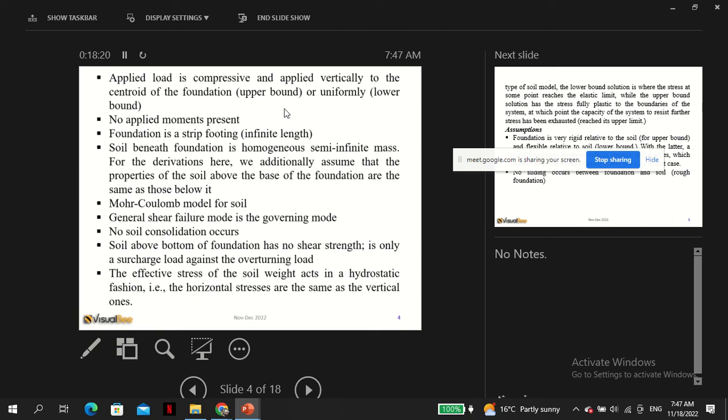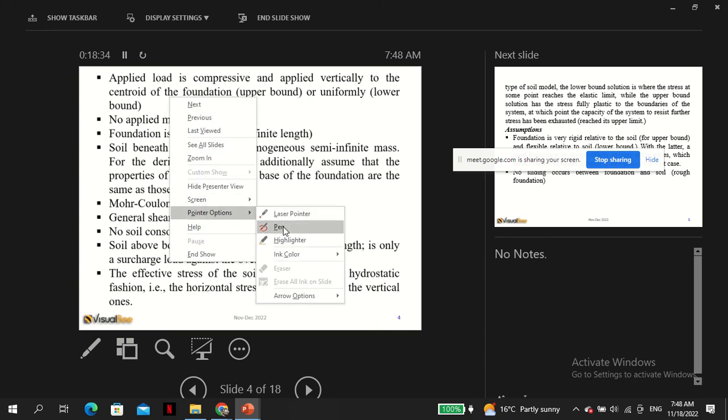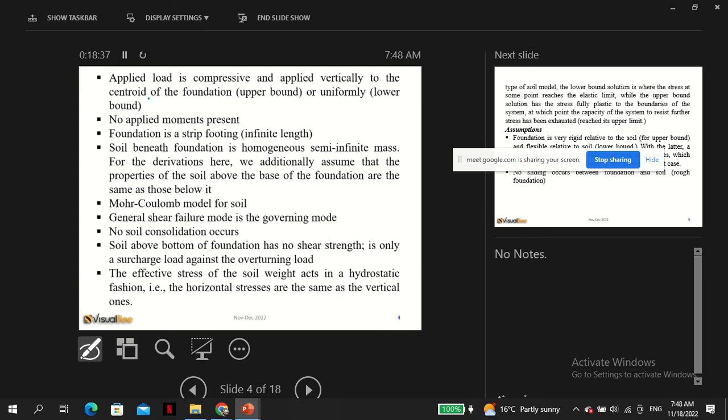No applied moments present, so there are no moments. We are only applying a concentrated load at the center, as this is kind of a point load vertically at the center. So for the upper bound, we are talking about the point load, and for the lower bound, we are talking about a uniformly distributed load.